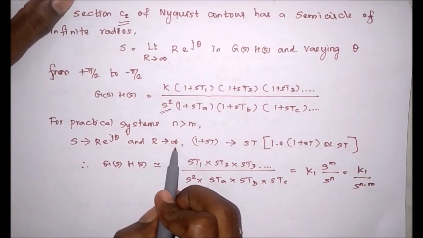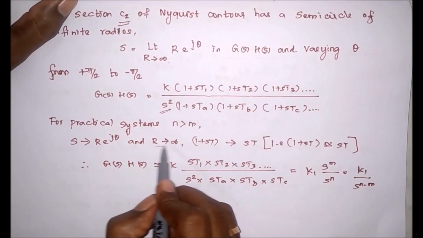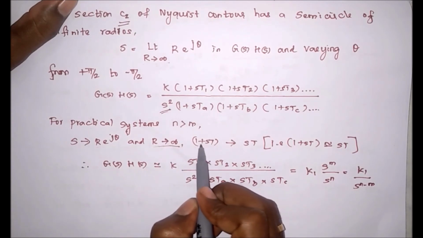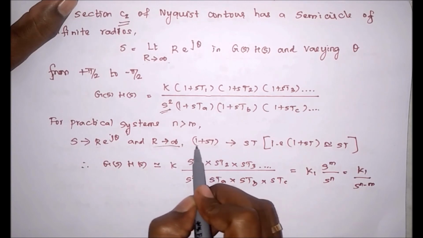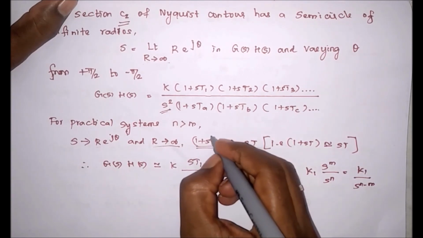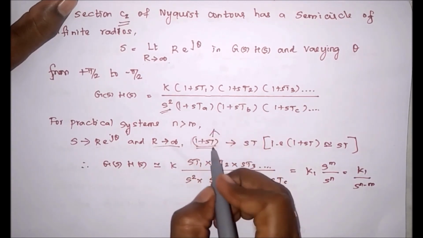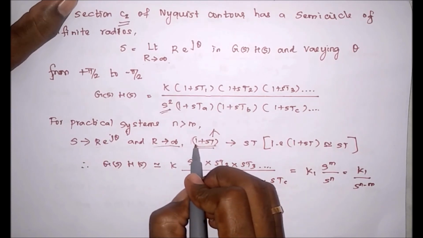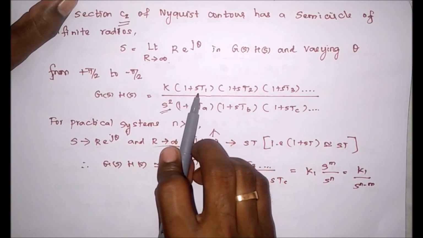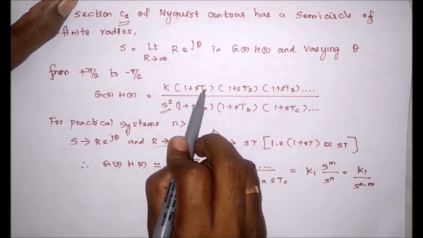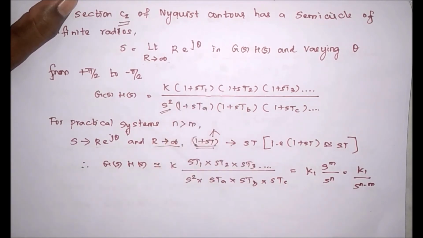Therefore, when the radius is infinity, suppose the pole is 1 plus sT, we can say the sT part will be very much higher than 1. Therefore, instead of 1 we can consider sT only. So from the given system, instead of 1 plus sT, we can substitute sT alone.